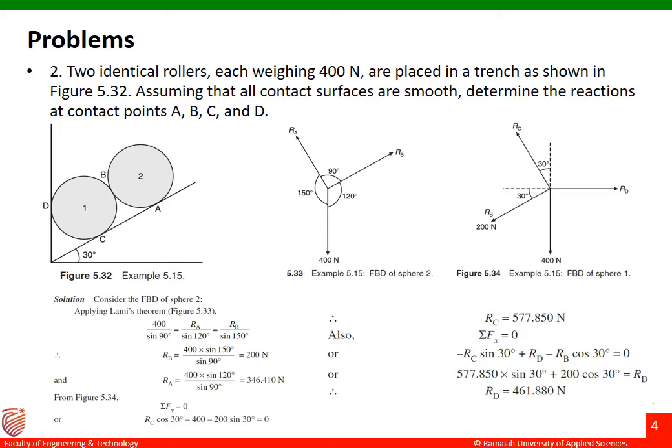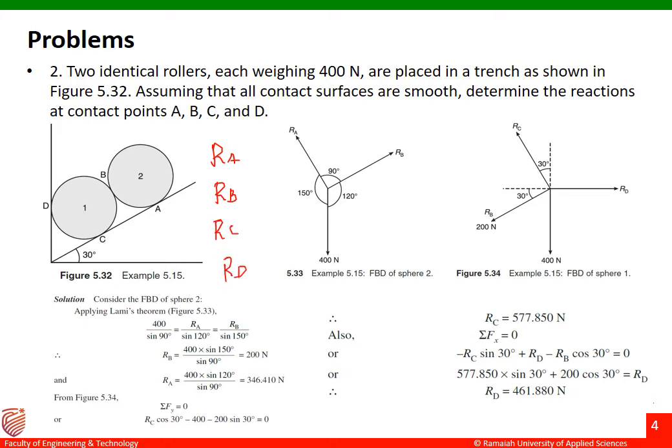Applying Lami's theorem, we can tell that RB divided by sine 150 degrees is equal to RA divided by sine 120 degrees is equal to 400 divided by sine 90 degrees. So here the unknowns are RA and RB. In the given question, what is asked?